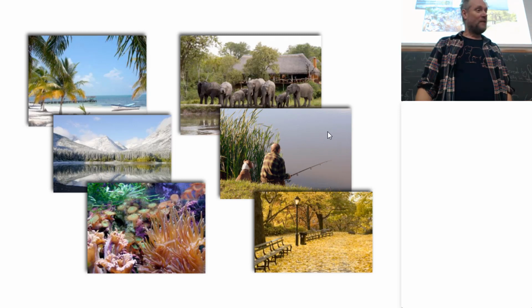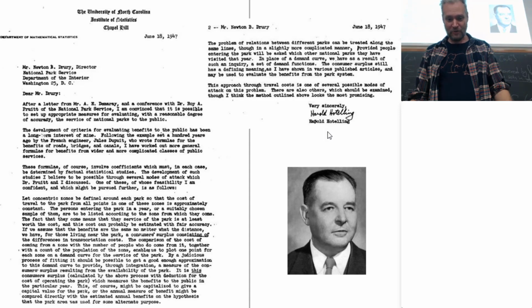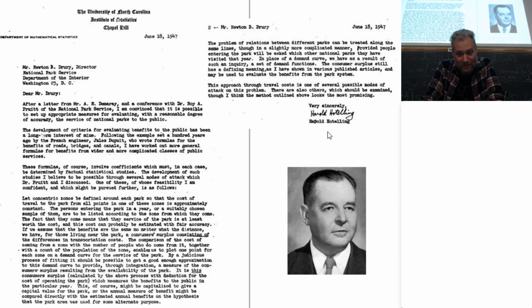of these methods, and it was first proposed in 1947 by Harold Hotelling. Now, we all know it was Harold Hotelling, right? He is the guy who gave you the first welfare pyramid.